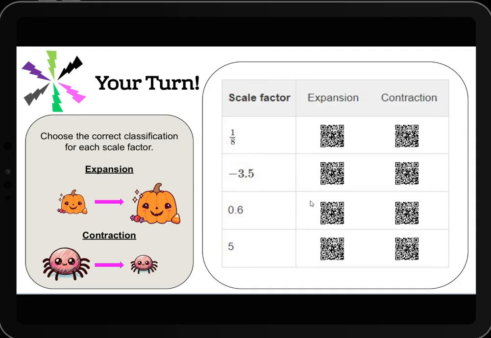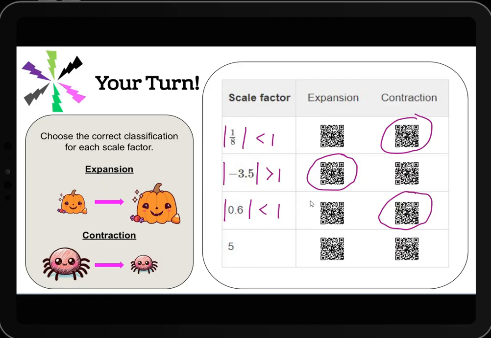So if you're looking at 1/8 as an example, that is less than 1. That is a contraction. -3.5's absolute value is greater than 1. That's an expansion. 0.6 is less than 1. Its absolute value is less than 1. It's a contraction. And the absolute value of 5 is greater than 1. That's an expansion.